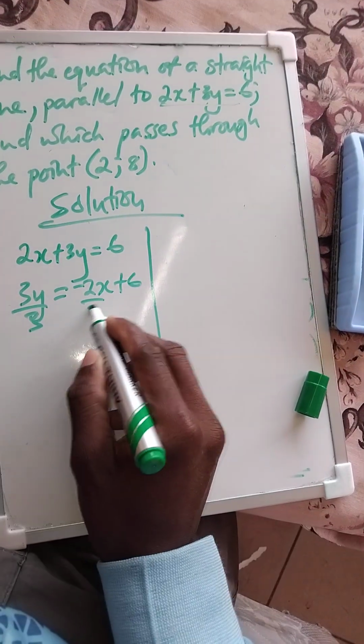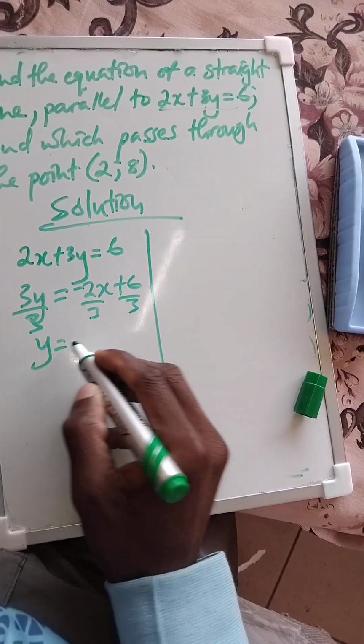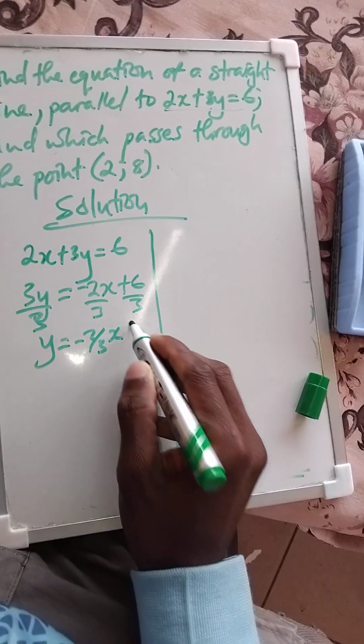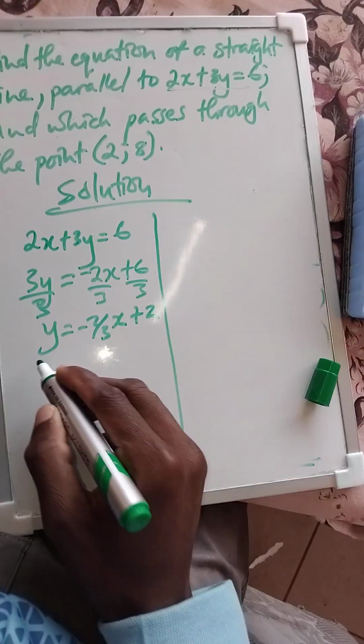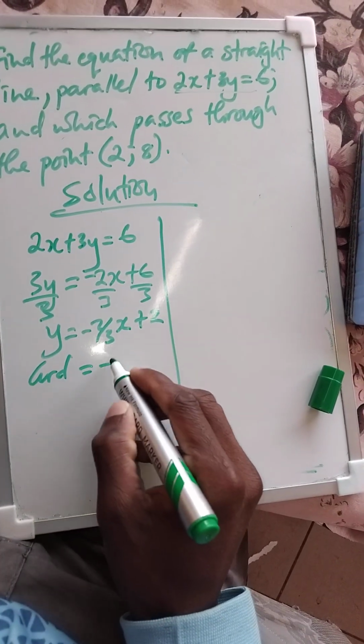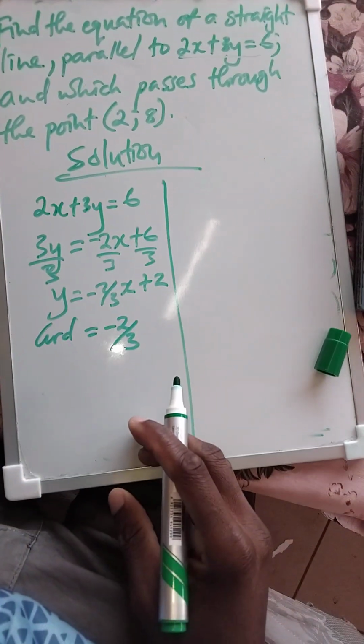Dividing both sides by 3, y is equal to negative 2 over 3 x plus 2, and so our gradient is negative 2 over 3.